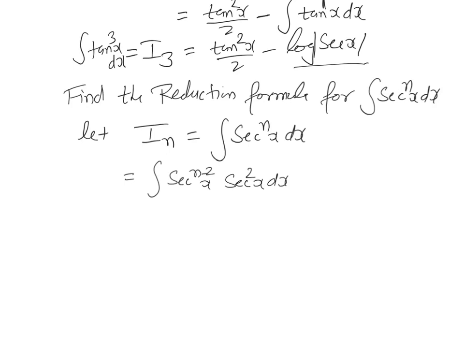Now we invoke integration by parts. In integration by parts, the function which can be integrated is assumed as the second function. In these two functions, this is the only function which can be integrated, and its integration will be tan x, so this will be assumed as the second function.